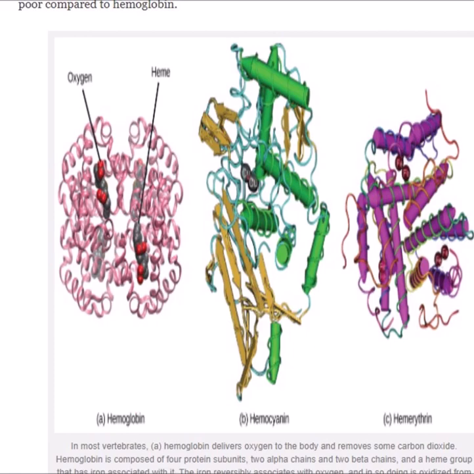A characteristic of red blood cells is their glycolipid and glycoprotein coating. These are lipids and proteins that have carbohydrate molecules attached.